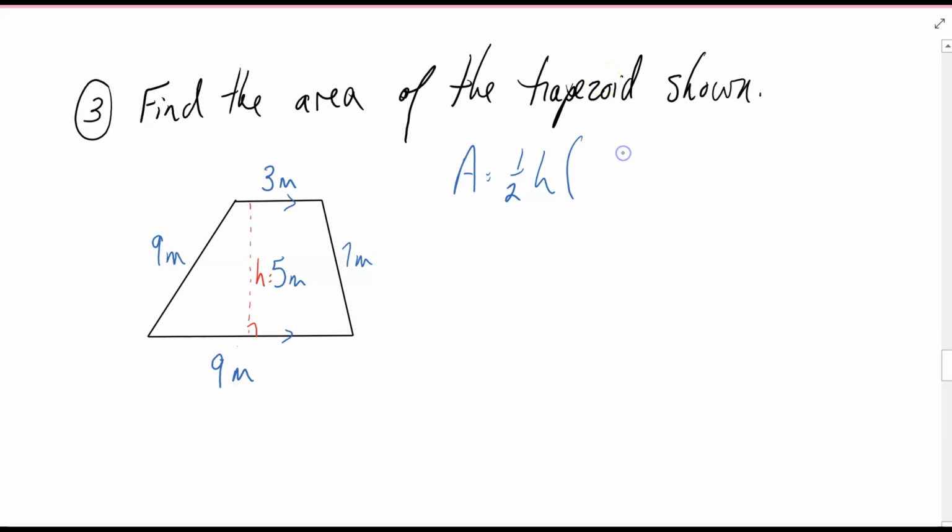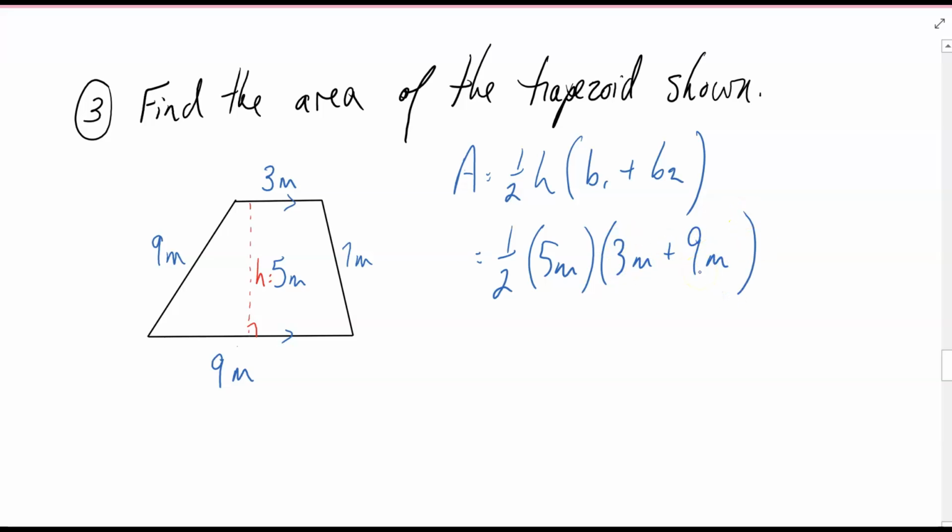Let's write the formula first: base 1 plus base 2. The numbers we're putting in are 1/2 times 5 meters multiplied by 3 meters plus 9 meters, and that is 1/2 times 5 meters times 12 meters.